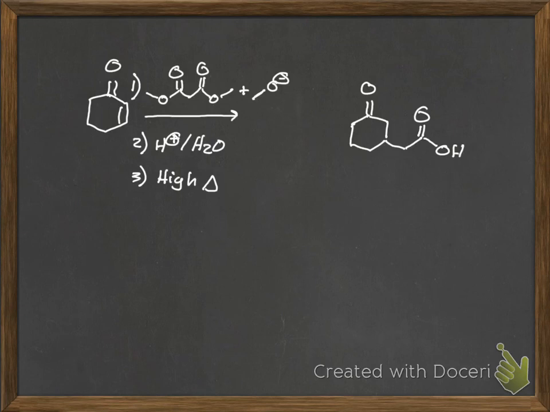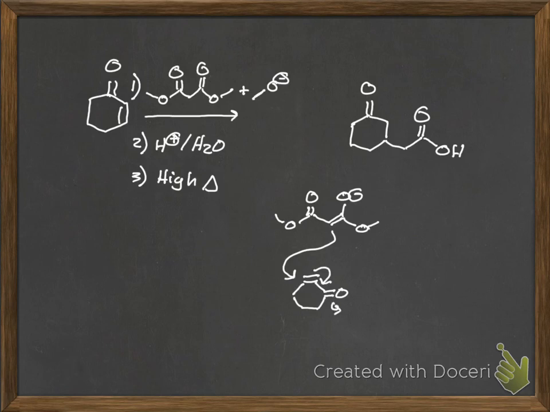Now, for those of you looking at me going, how did you do that? Let's see. I'm going to skip one little bit of a step and go ahead and use the enolate of this diester. Hopefully you can see where that came from. It's going to nucleophilically attack the ketone. Break that open. Send that pi bond up there.